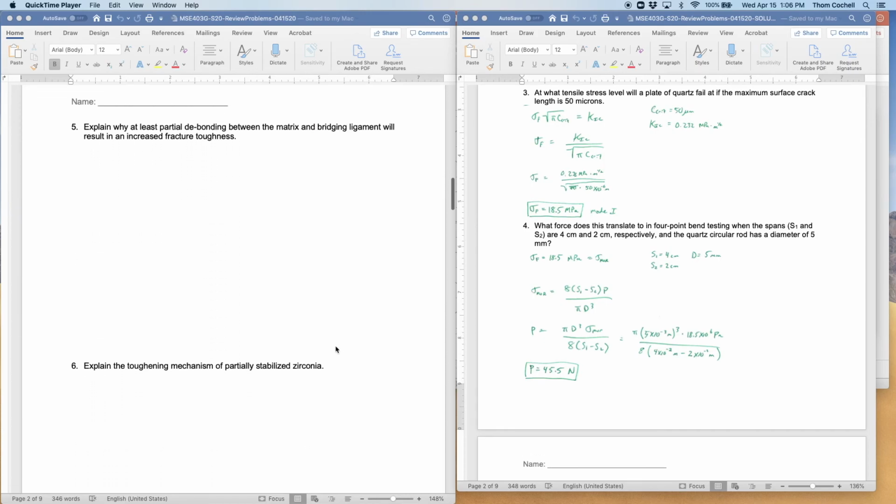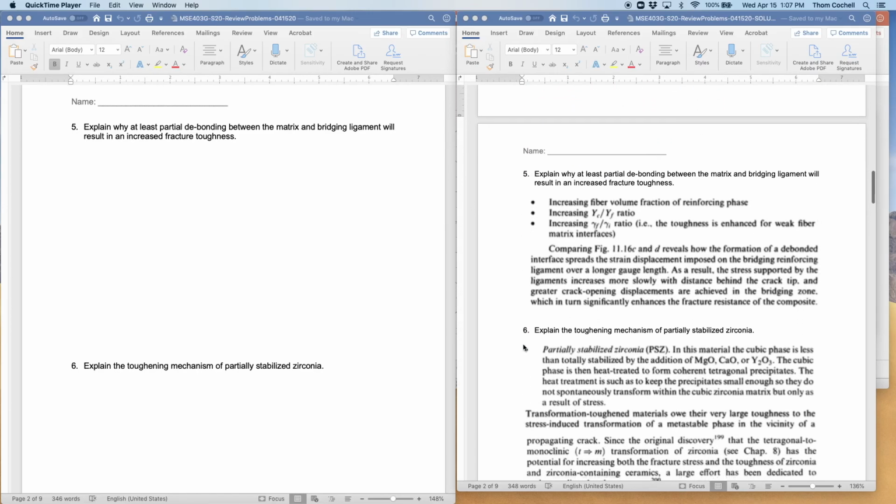Okay, so questions 5 and 6 are still on fracture toughness, but they're alluding to some of the methods we talked about for toughening. The first one's asking about crack bridging, so it's asking why debonding is important. And the second one's asking about the mechanism for partially stabilized zirconia. I put some information from the textbook as solutions to these answers.